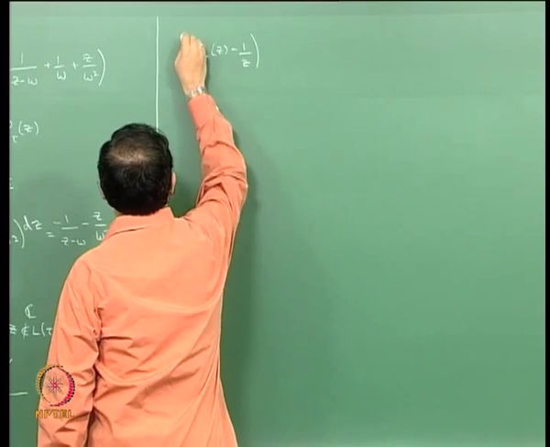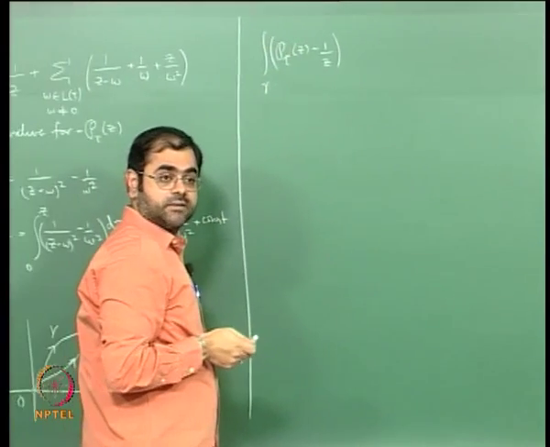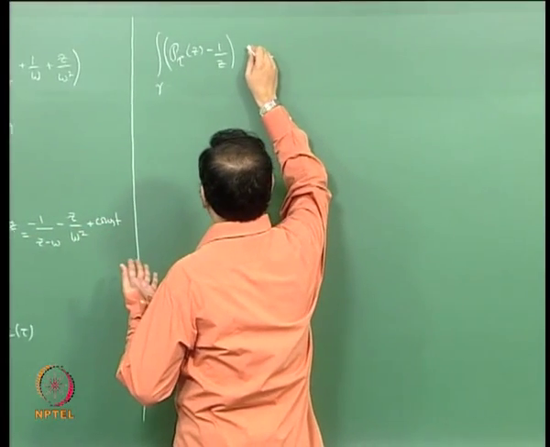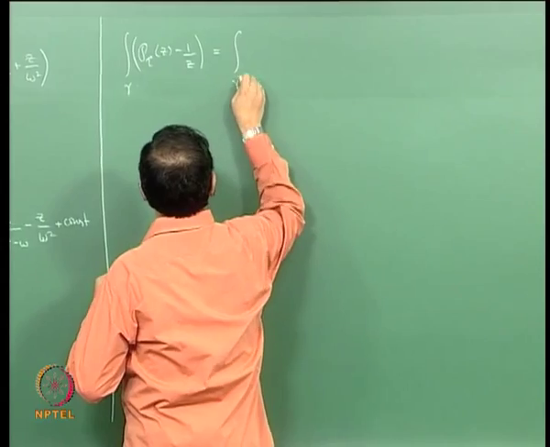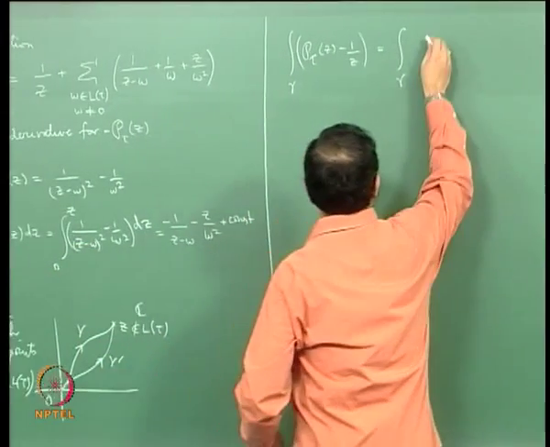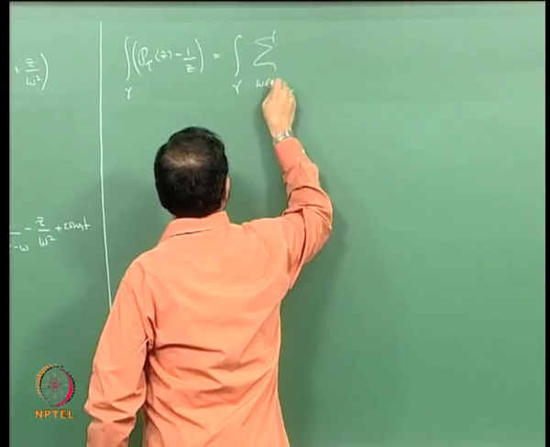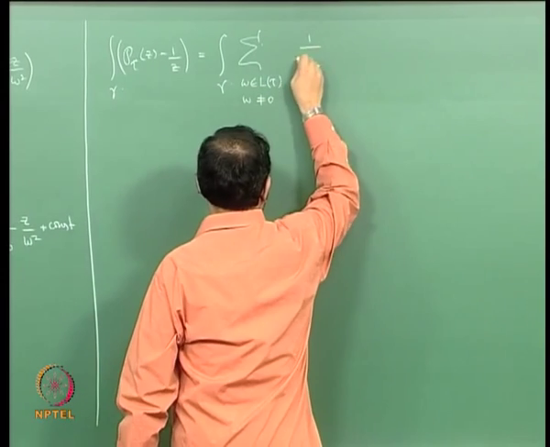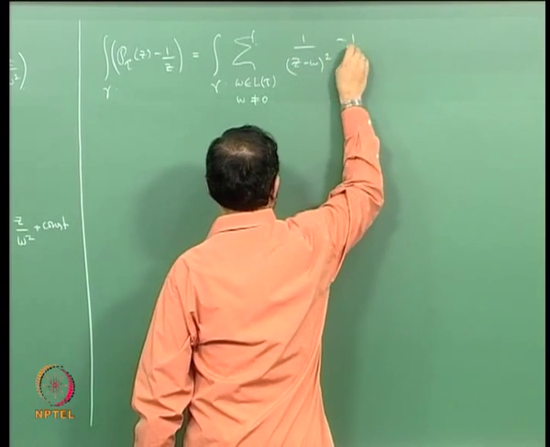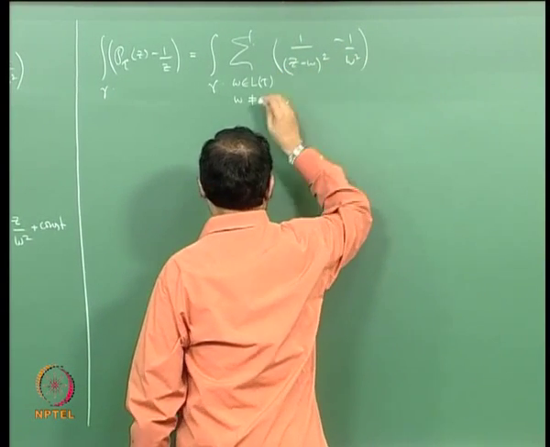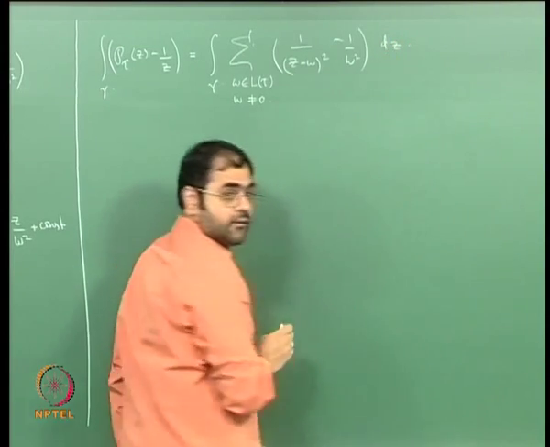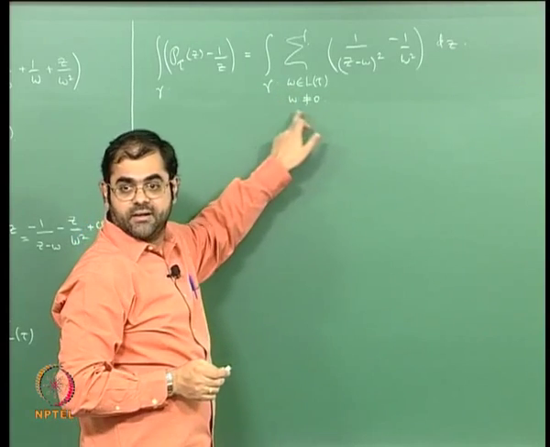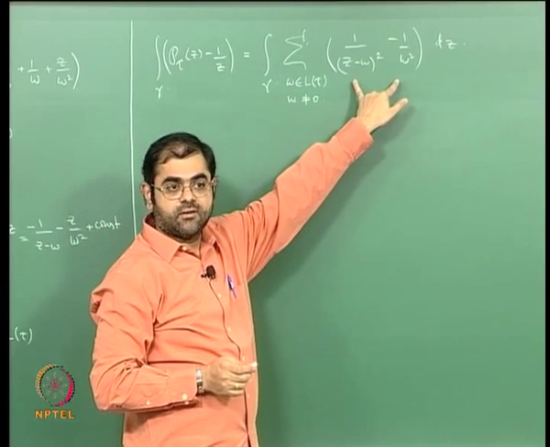If I take this quantity and integrate it over this path, then I claim this is going to be the integral of the summation over omega in the lattice, omega not equal to 0, of 1 by z minus omega the whole squared minus 1 by omega squared, dz. This integration and this summation can be interchanged because of uniform convergence on compact subsets.